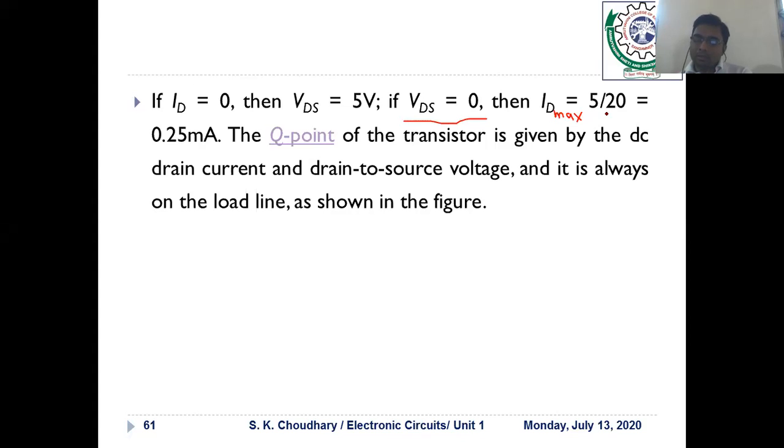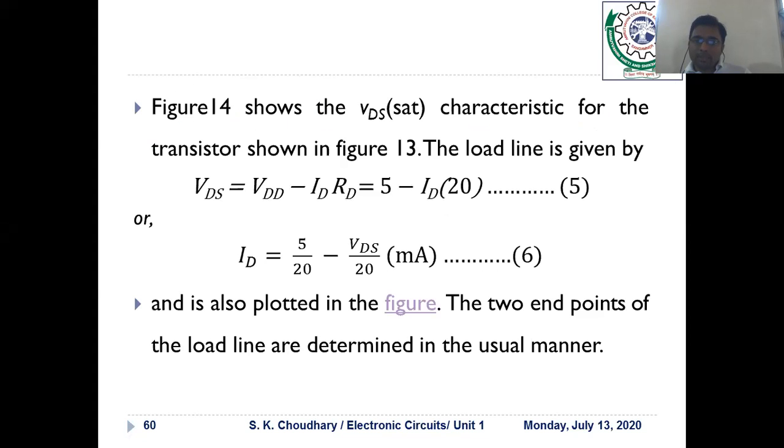When VDS is 0, ID max is equal to VDD upon RD. So 5 upon 20, that is 0.25 milliampere. Similarly, when you have to find out the VDS max, ID is equal to 0, and you get VDS max, that is nothing but equal to VDD as per the equation. Okay. So as per the equation, it is very much clear.